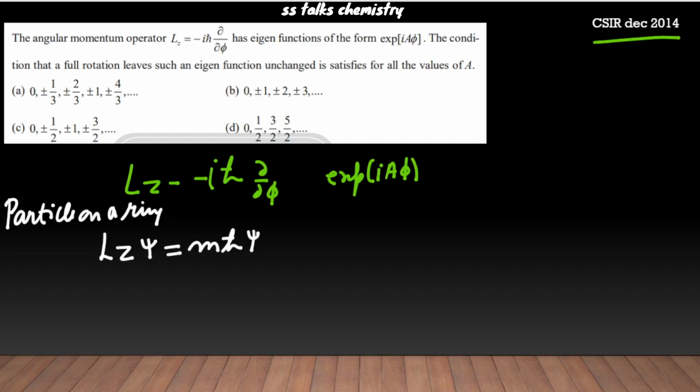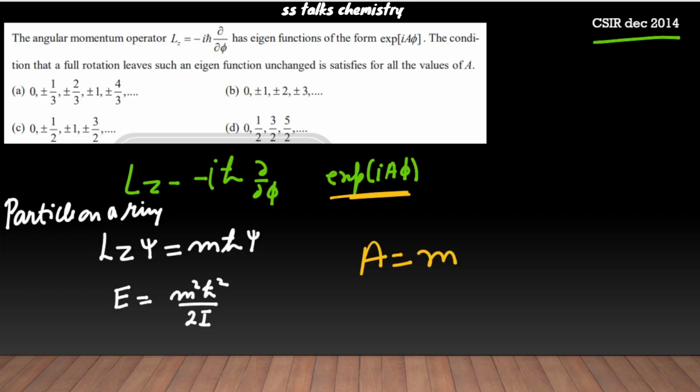And the energy we get for the wave function is m square h cut square upon 2I, right? So in that also the wave function is of the form exponential of i m phi, instead of a, here it is the m value only.